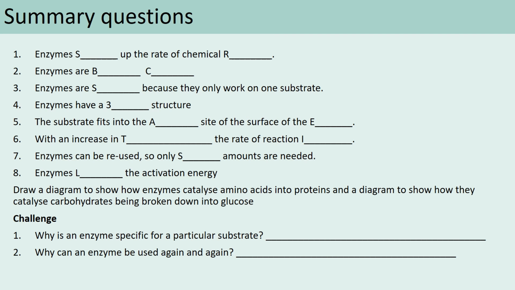And number 2, why can enzymes be used again and again? So slightly longer answers for those 2 questions. But if you could have a go at all of them. We will obviously go through the answers, so if you could pause now, copy and complete 1 to 8, draw your diagrams, and then answer in 4 sentences the challenge questions.